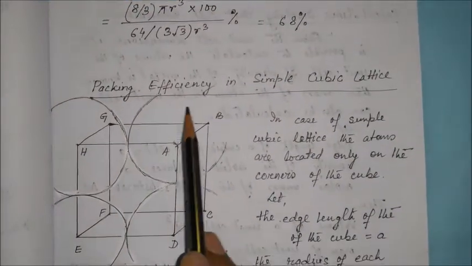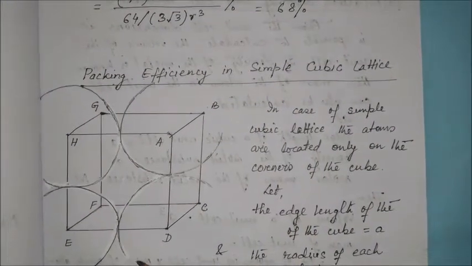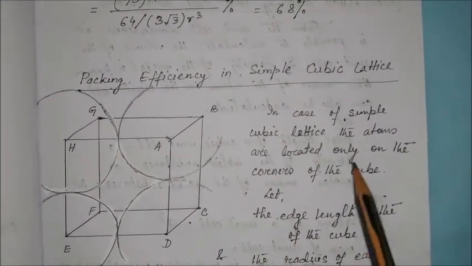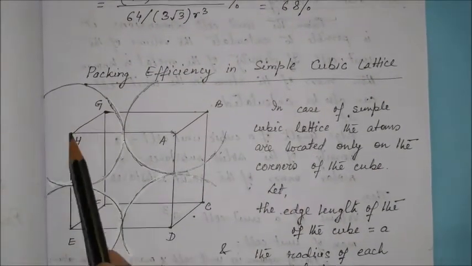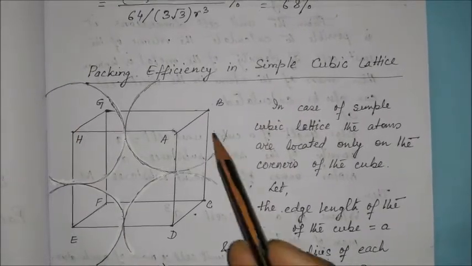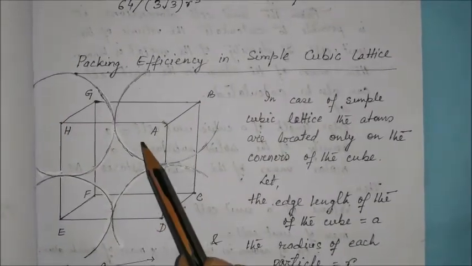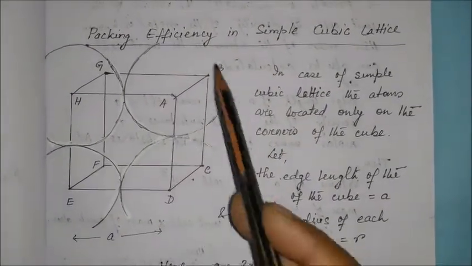Next is the packing efficiency in simple cubic lattice. In a simple cubic lattice, the atoms are located only on the corners of the cube. Suppose this is the cubic structure, a simple or primitive unit cell, with atoms at the corners only.